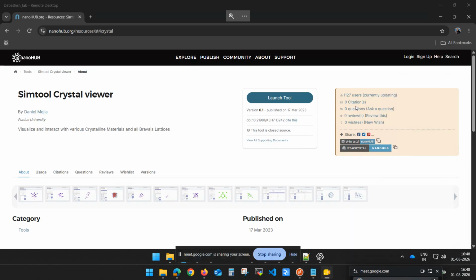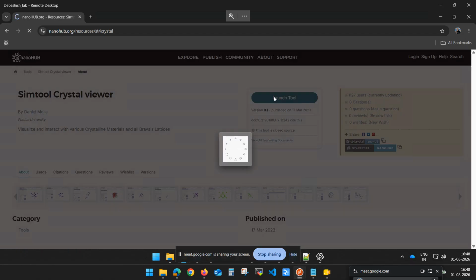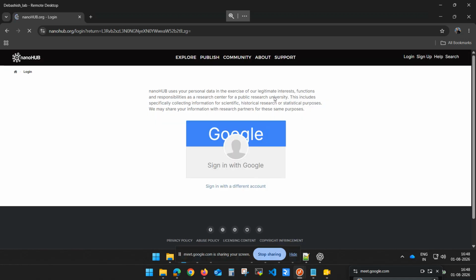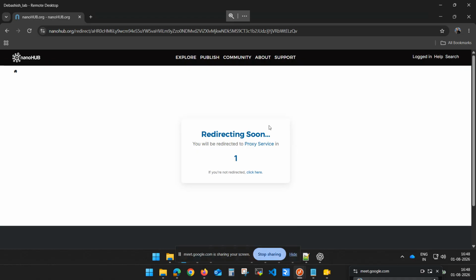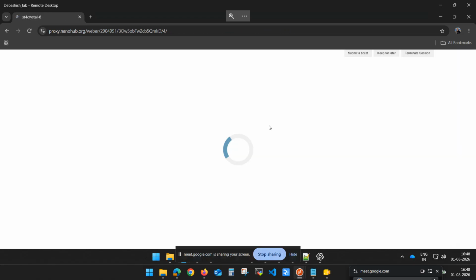Yes. You can see, right? I'll share a link of this with you, but for the time being, just let me show you where you can see the correct way to look at crystals. This is a free source provided by Purdue University. They call it nanoHUB. So there are all sorts of open source resources available in this, right? Whoever is doing research, you should go and check this out.